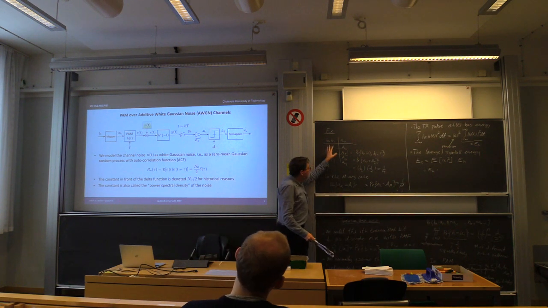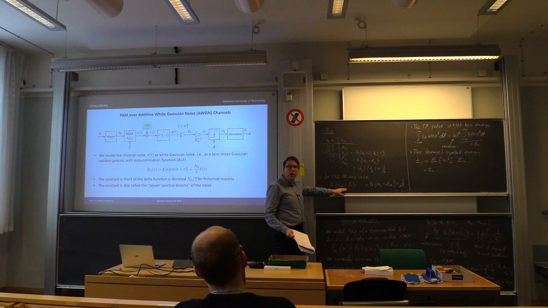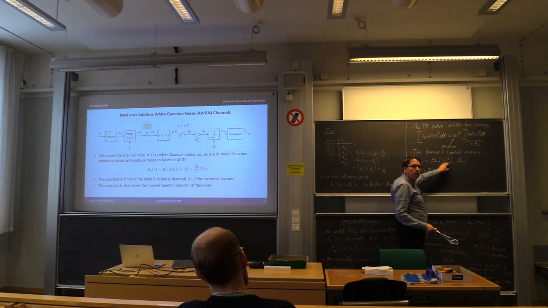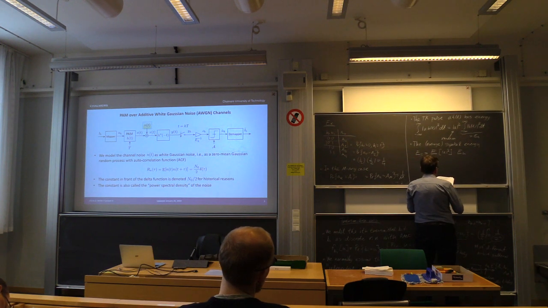If we assume they're equally likely and independent and so forth, we know that the probability for A taking on a particular value is the same for all values. So assuming that we have equally likely independent bits, we have equally likely independent amplitudes. So this becomes pretty simple then.